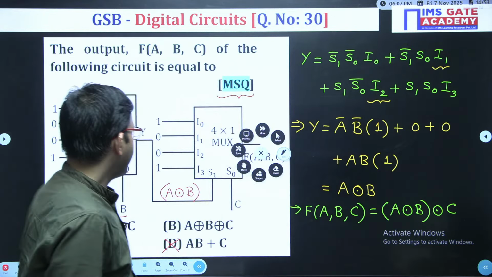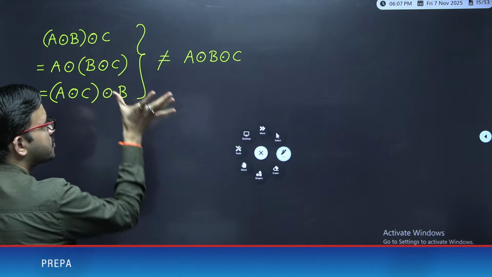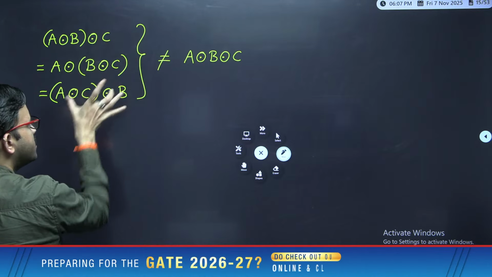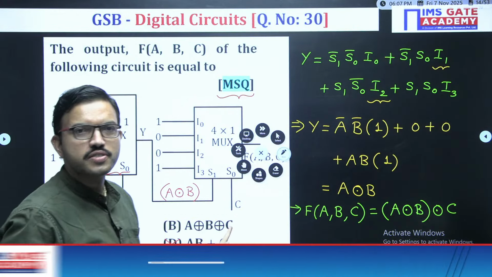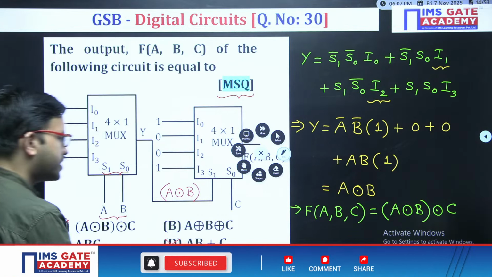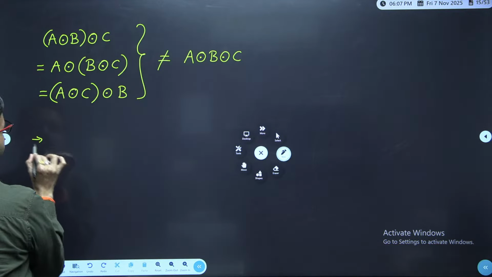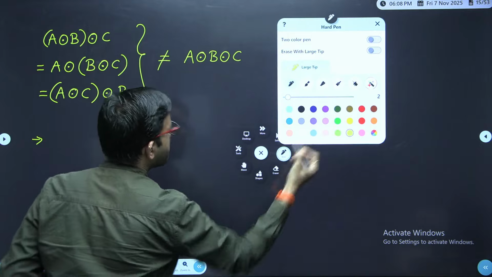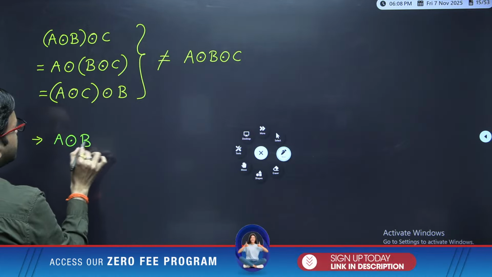Okay, but actually, whoever knows that these equations are not equivalent to this one, damn sure they can choose this one as correct. Okay, I am discussing the proof now. Okay, yeah, so A XNOR B XNOR C.